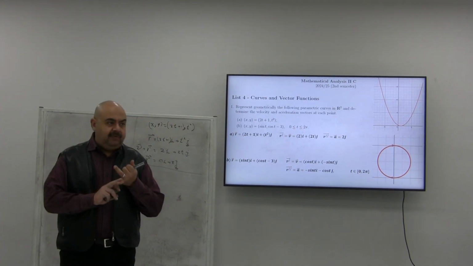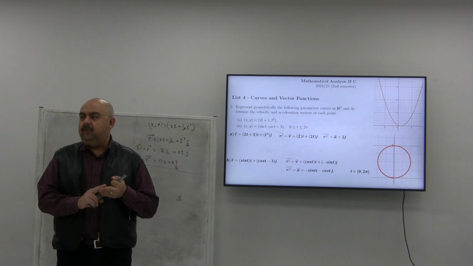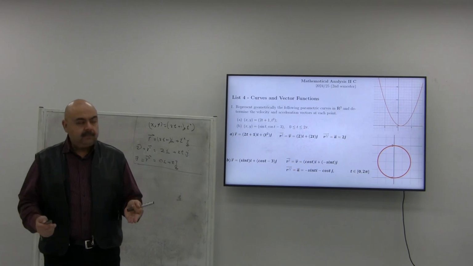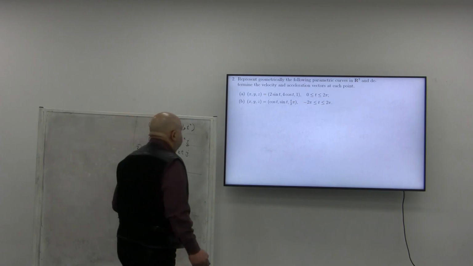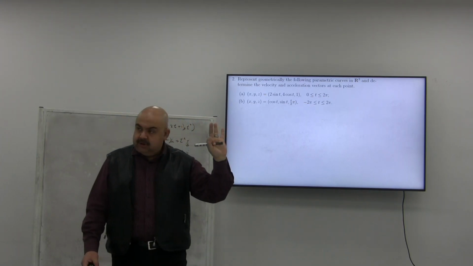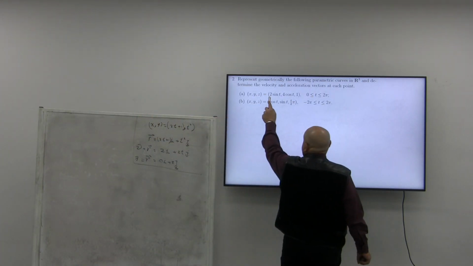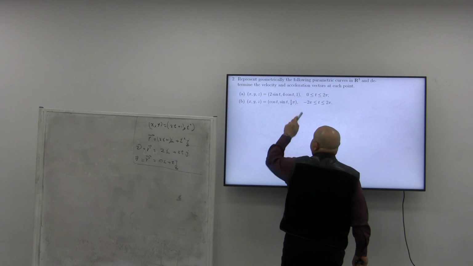Now I have a vector function, and the first and second derivatives of this vector function. In a similar manner, here I'm talking about 3D, three dimensions. So for the first one, it's 2 sine t, 4 cosine t, and the t is 1.